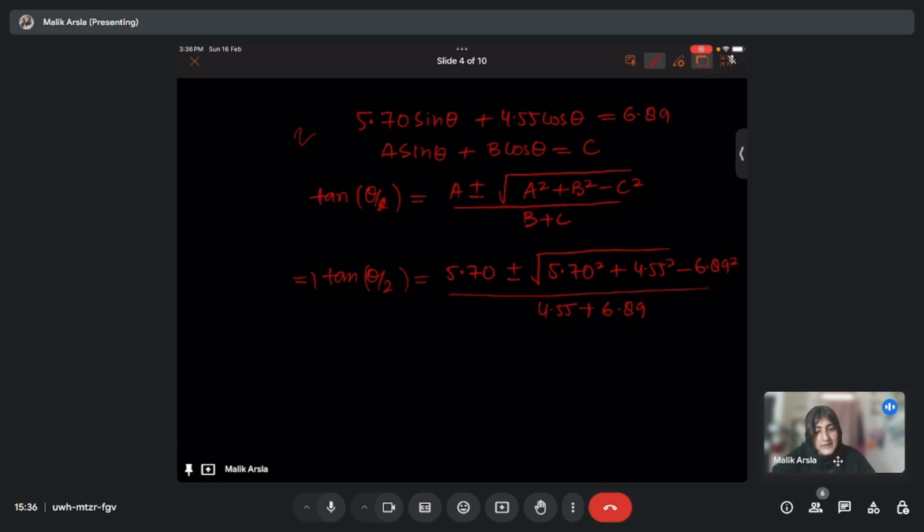And then from here theta by 2 will be tan inverse of these two. Please evaluate this quantity and tell me what you're getting here.